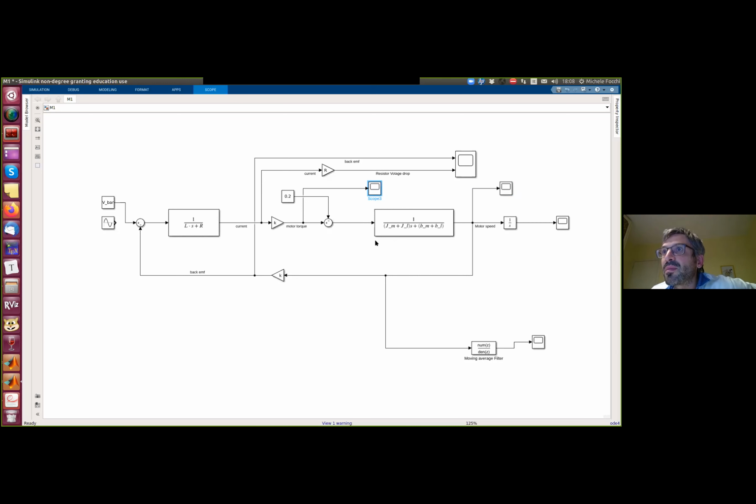But since the gearbox has no compliance, no elasticity involved, we should change the values of the inertia of the motor and of the friction on the motor load side to account for the gearbox presence. And do you remember how to do that?